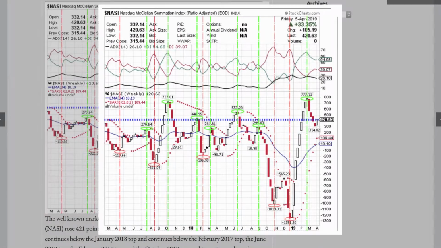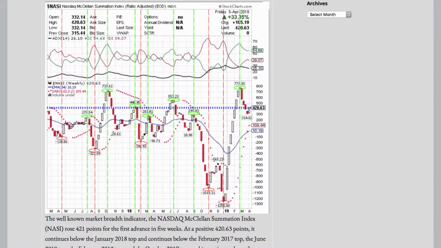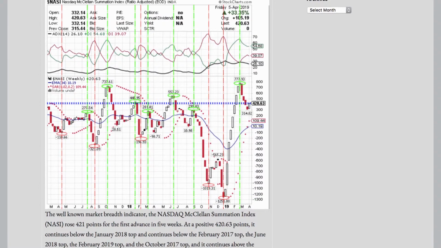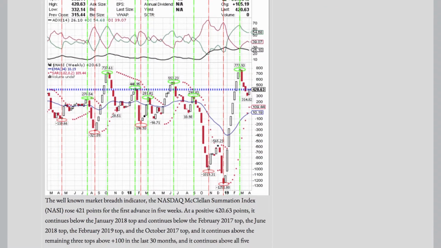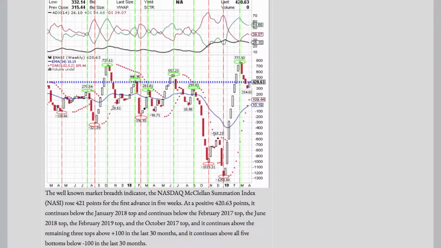The well-known market breadth indicator, the Nasdaq McClellan Summation Index, rose 421 points for the first advance in 5 weeks.